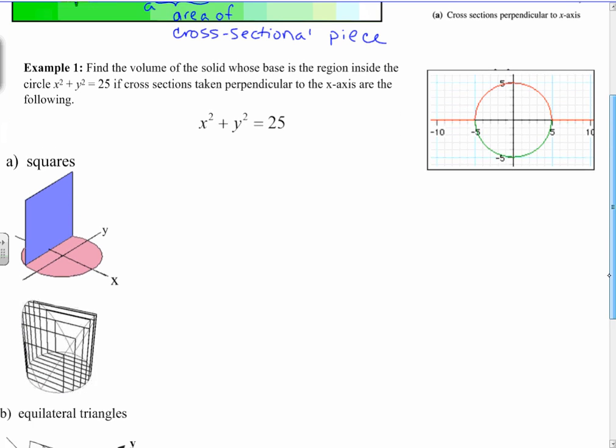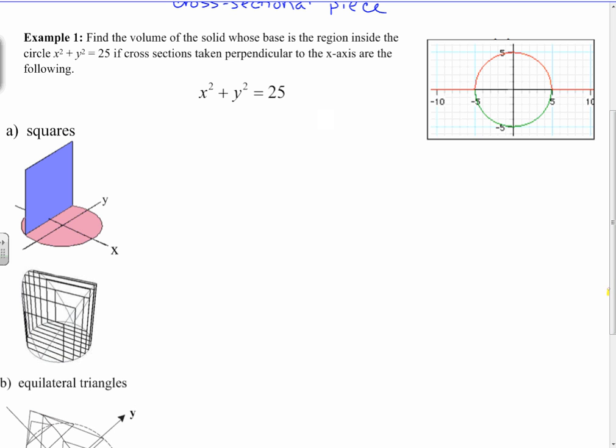So for this first one, what we're going to look at is the volume of a solid whose base is the region inside a circle. And here's our circle formula, x squared plus y squared equals 25. Cross sections taken perpendicular to the x-axis are the following. So I'm going to put in squares and set them perpendicular to my base.